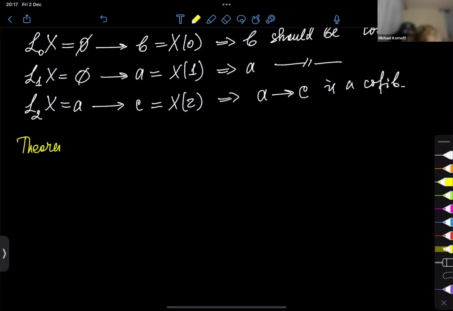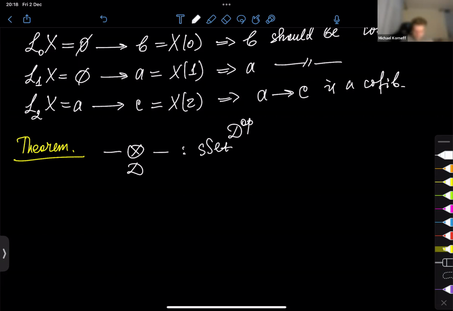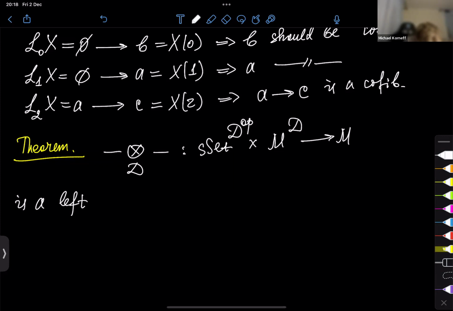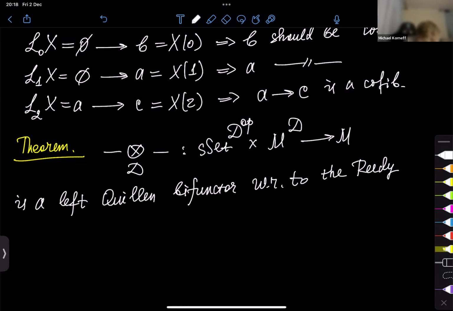Theorem: the tensor product functor between the D diagram in simplicial sets and D diagram in some model category M is a left Quillen bifunctor with respect to the Reedy model category.